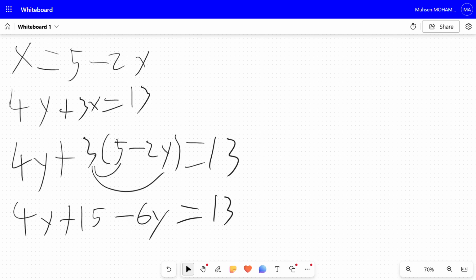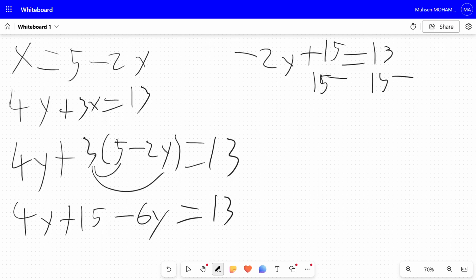Then I can put together the like terms, which is minus 6y and 4y, which is minus 2y, plus 15 equal to 13. Then I can do minus 15 on both sides, which will give me minus 2y is equal to minus 2.